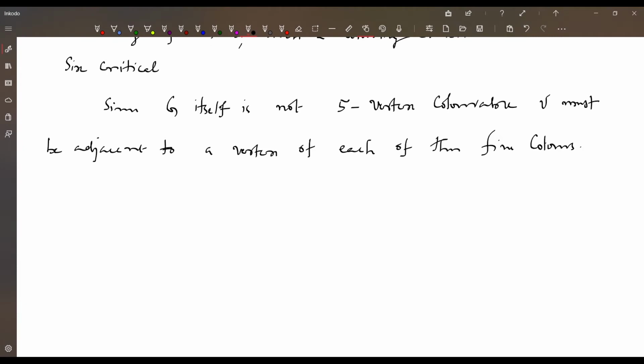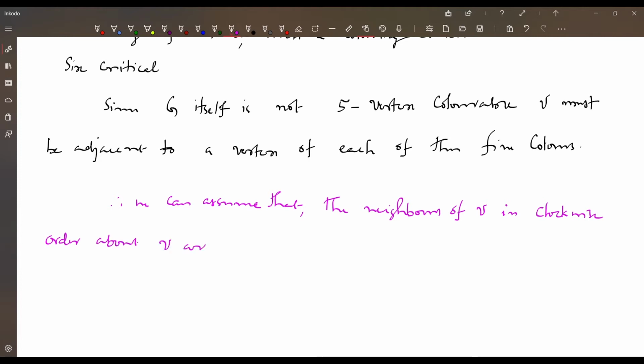Therefore, we can assume that the neighbors of V in clockwise order about V are V1, V2, V3, V4 and V5, where Vi belongs to Vi for 1 less than or equal to i less than or equal to 5. That is, Vi is of color i.